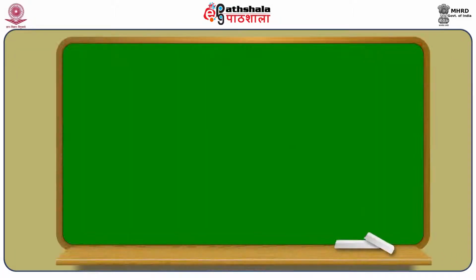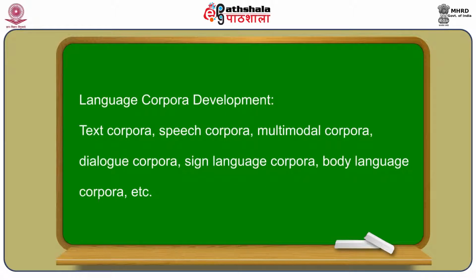The second area of language technology for us is language corpora development. So far, we have discussed and elaborated many issues and aspects of language corpora. This is another important part of language technology. What are the things involved in it? First, develop a system for generating corpora.